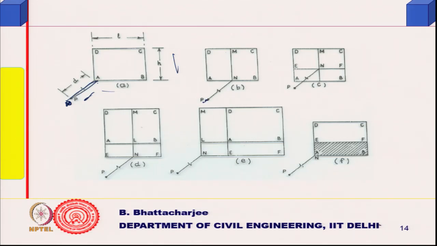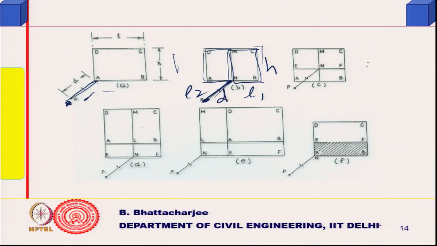But supposing your point is somewhere here, and the window is something like this. According to this assumption, if I draw a normal from this point to the window, it touches the window at this point. So, I divide this into two parts. L1 is this, L2 is this, H is common and D is this distance.